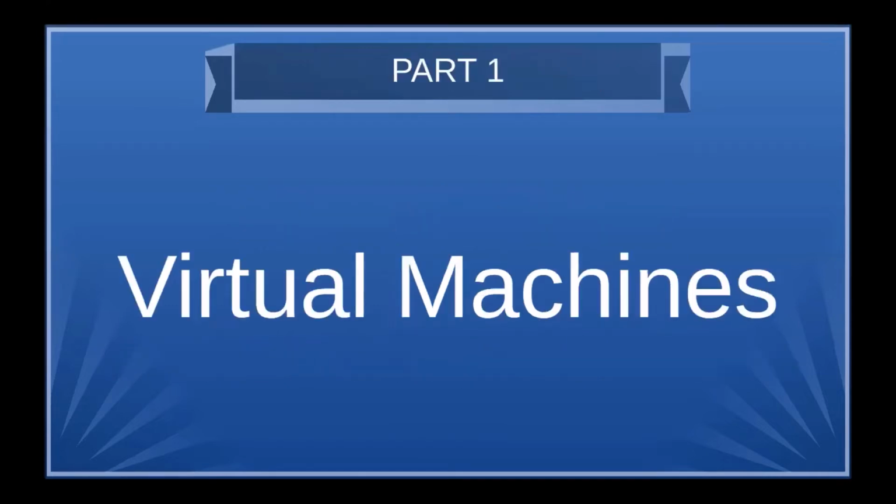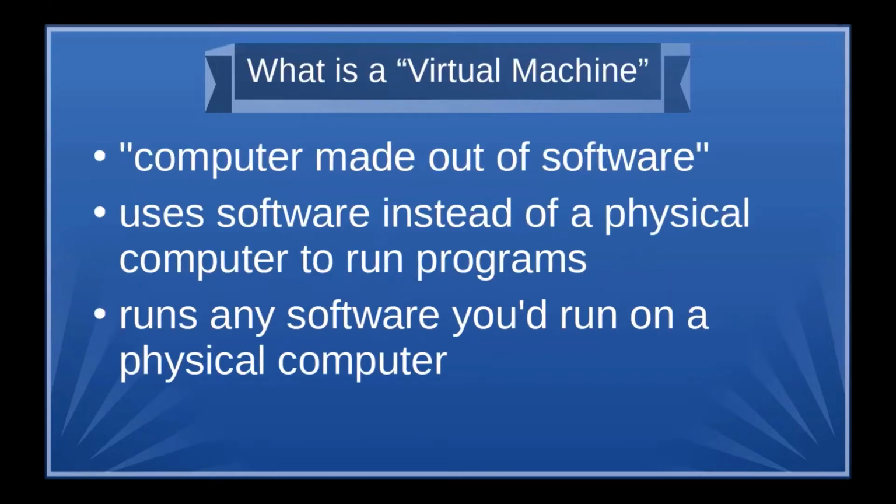We're going to talk about virtual machines. So the question a lot of people always ask: what's a virtual machine? The simplest answer is it's a computer that's just made out of software. It's not a real computer. It's all software. There's nothing physical about it, but it does use the physical parts of your regular computer.